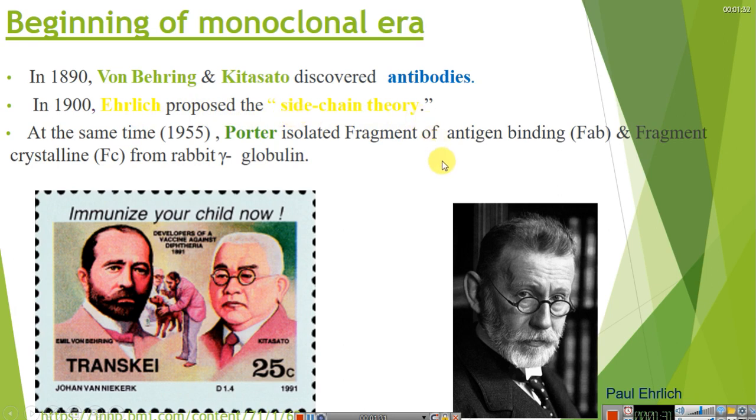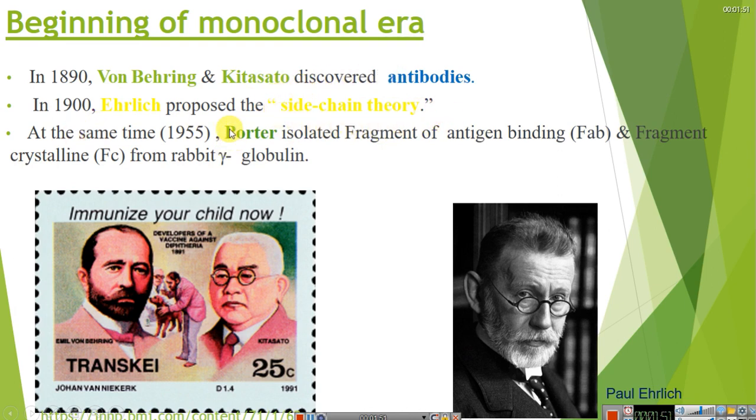Side chain theory is that some cells express some molecules on their cell surfaces that capture the pathogens. That is nothing but the basics about how the antibodies function, right?